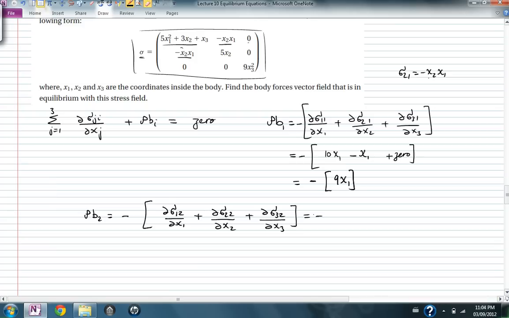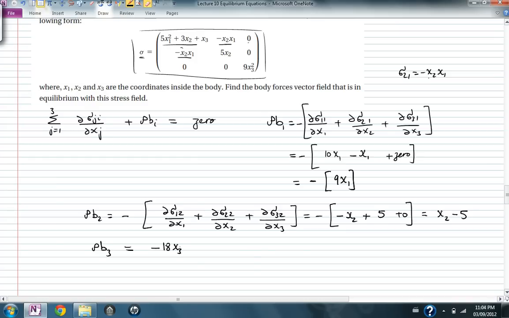This is equal to negative, partial sigma 1,2 by partial x1 will be equal to negative x2. Partial sigma 2,2 by partial x2 is 5 plus 0. So this is equal to x2 minus 5. And if you continue this, rho b3 will be equal to negative 18 x3.